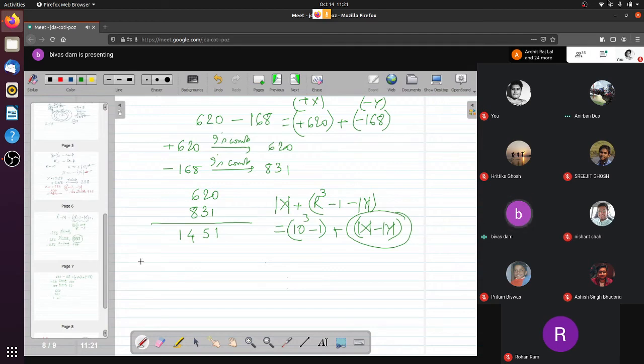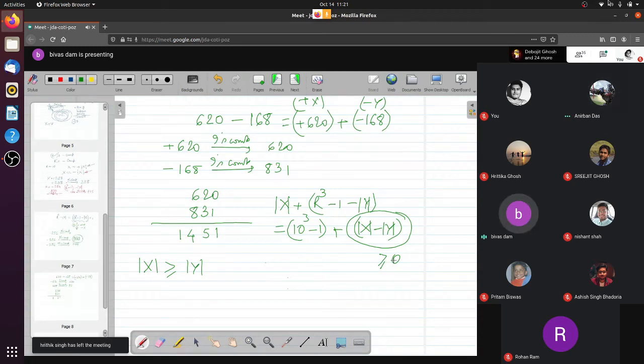In case mod of x is greater than or equal to mod of y, mod of x minus mod of y will be greater than or equal to 0. Clear or not? Yes, sir.